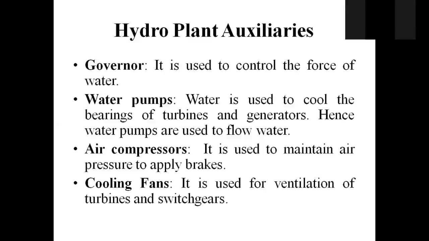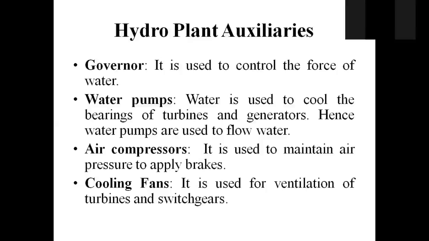Now we know that the electrical load in the system fluctuates throughout the day. It may be less in the afternoon and night, and the electrical load is more in the morning and evening. Now what happens when the electrical load is fluctuating?